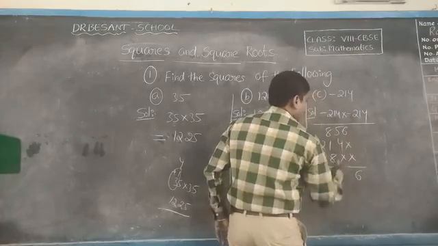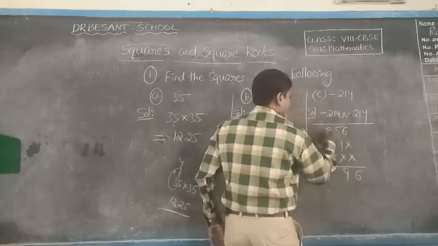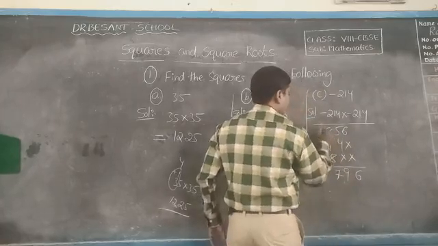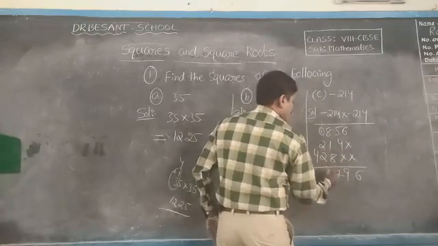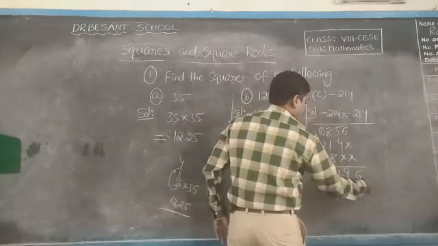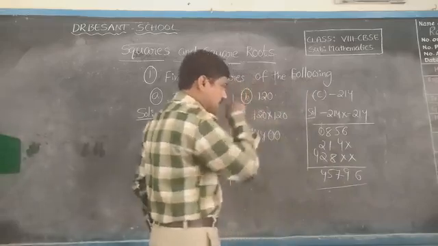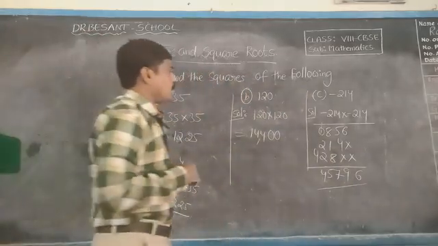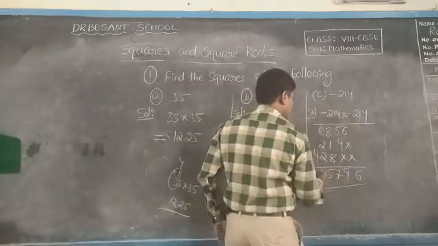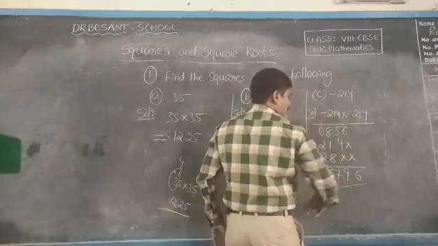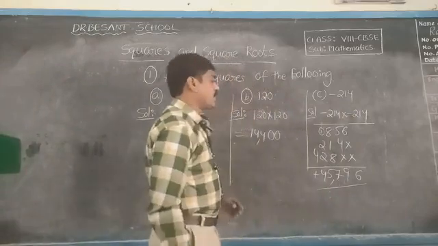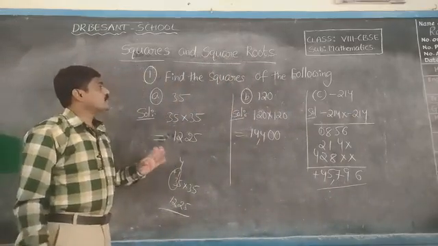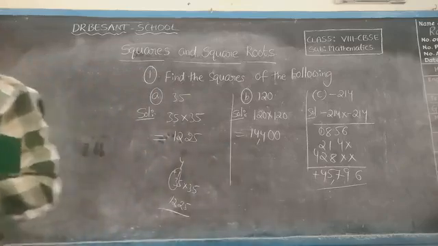Adding: 6, 5 plus 4 is 9, 8 plus 1 is 9, 9 plus 8 is 17, write 7 carry 1, 3 plus 2 is 5, so 4, 5, 7, 9, 6. But minus into minus is plus. That's why it is 45,796. So this is the A, B, C solution.